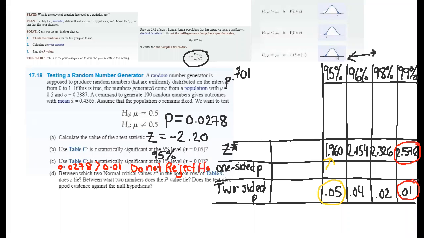The yellows were answering part B, and the red ones were answering part C. So 0.0278 is less than 0.05. And on this one, we did reject the null.